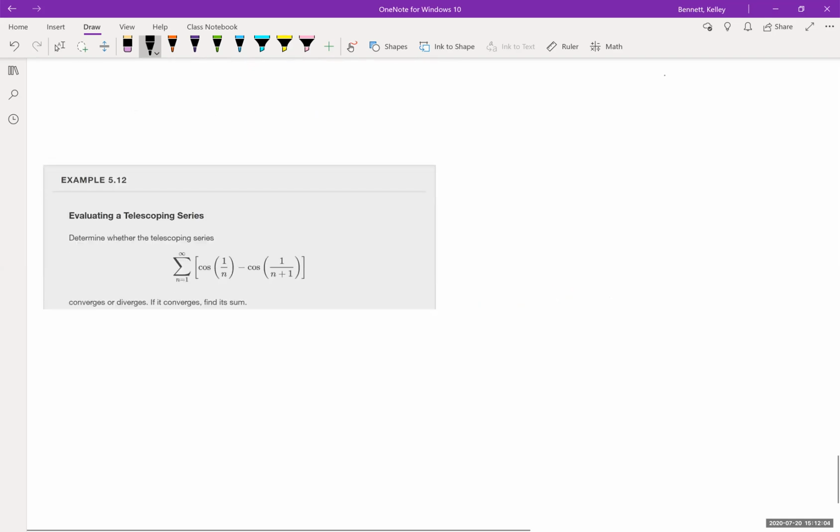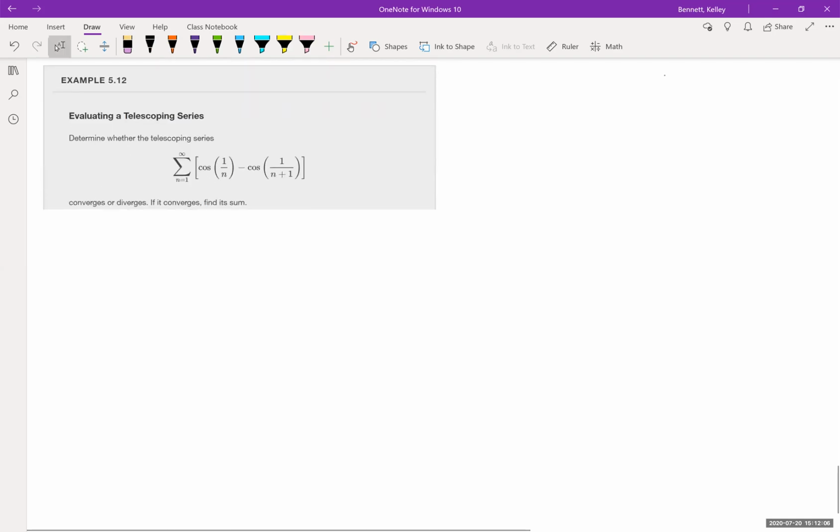All right, so this one's pretty straightforward. Last example, we're going to evaluate this telescoping series. S_k is the summation from n equals 1 to k of cosine of 1 over n minus cosine of 1 over n plus 1.